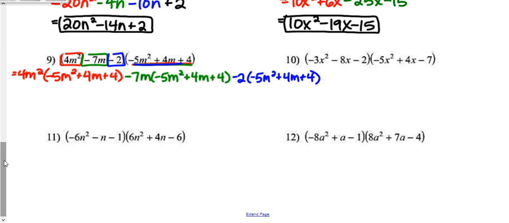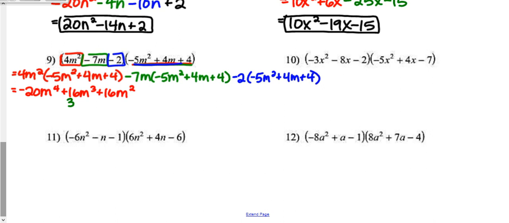So this would start us off with a negative 20m to the 4th plus 16m to the 3rd plus 16m squared. And then the second multiplication, I'm going to stack this up like I showed you in your notes.